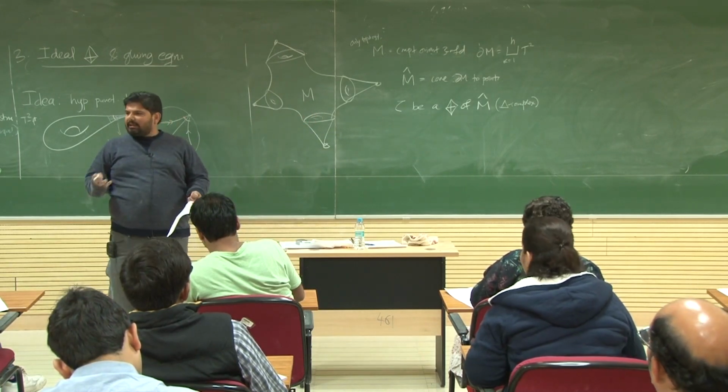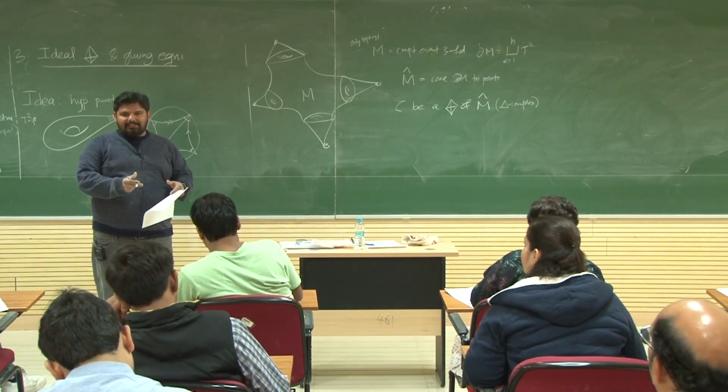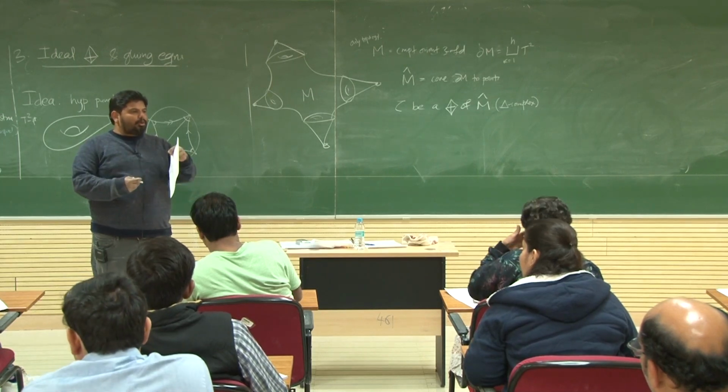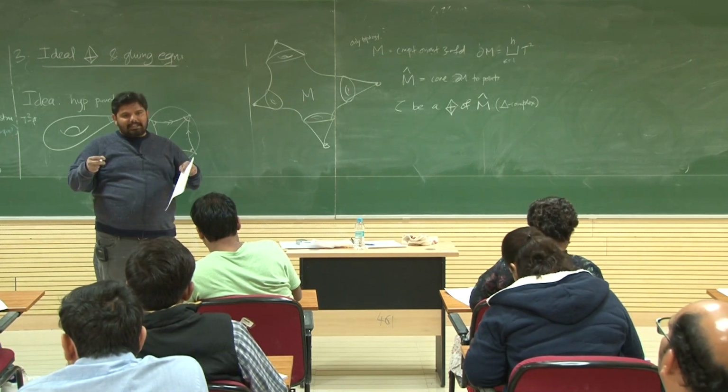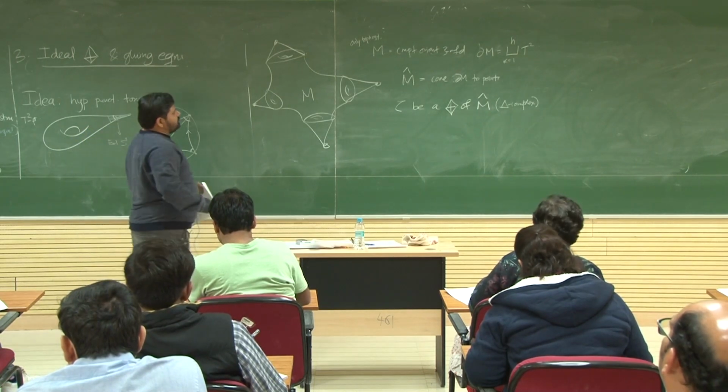Does everyone know what a delta complex is? You take simplices and glue along faces, but you have oriented simplices. So when you glue along faces, you need to make sure the induced orientation on the face matches up. That's your delta complex structure.